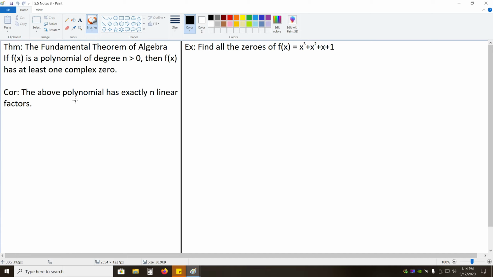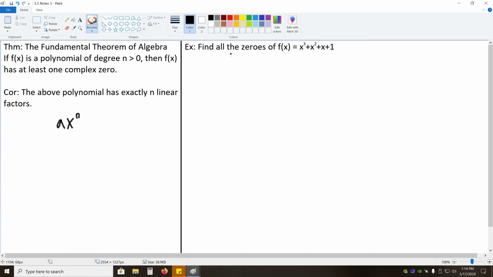It's saying if you have a polynomial with a lead term x to the n, or you can even say ax to the nth power, you are guaranteed to have n factors. They might be imaginary numbers, but they will be factors. x equals 1, x equals 2 minus i. You will have exactly n of them. So this gives us another way to go about checking these problems. We now know exactly how many zeros we should look for.